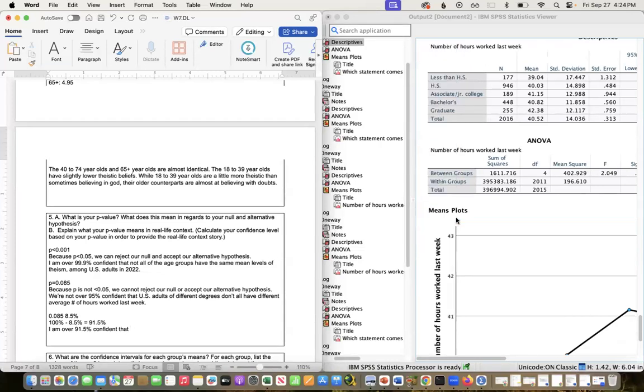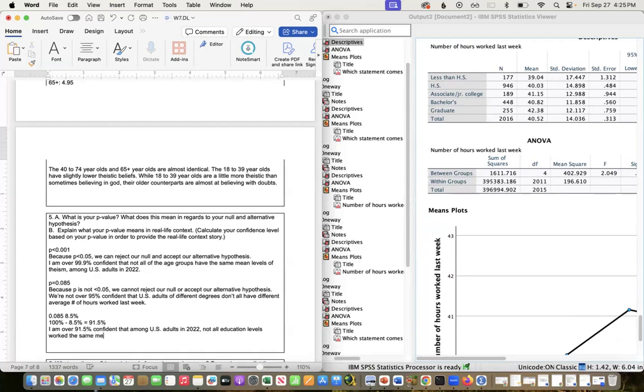That among US adults in 2022, not all education levels work the same mean number of hours last week. So at least one of these degree levels would be different than at least one of the others.